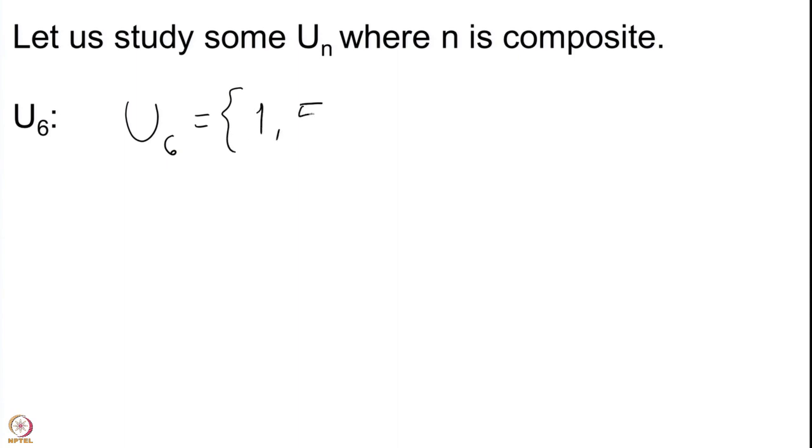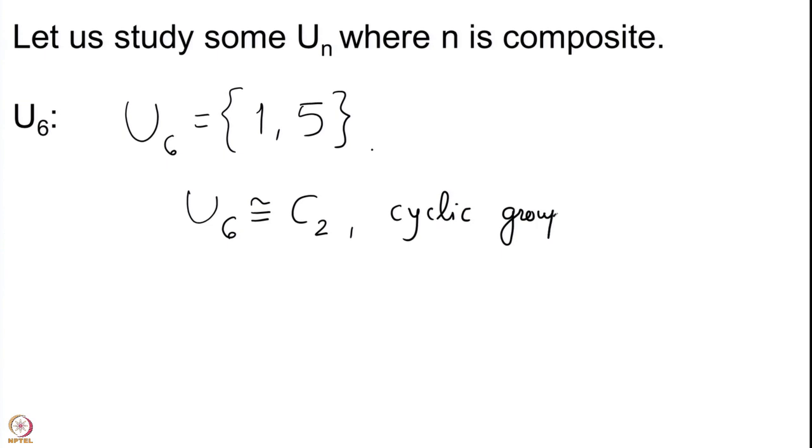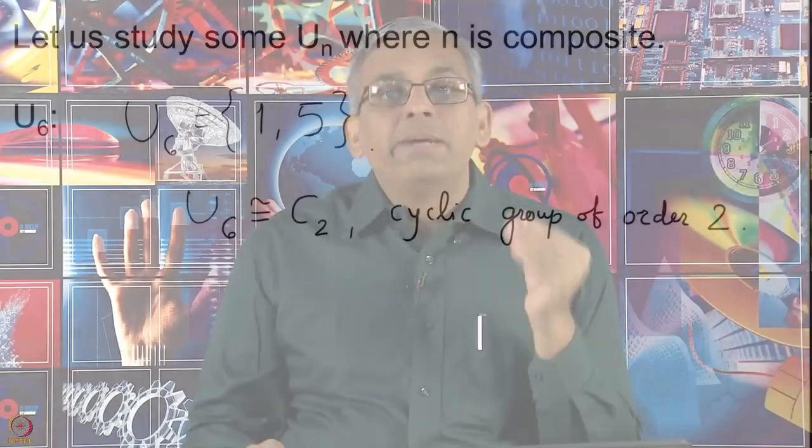So, you get only 2 elements here. U_6 has exactly 2 elements, and we know that every group of order 2 is isomorphic to the cyclic group of order 2. So, U_6 is isomorphic to C_2. This is the complete information about the group U_6.